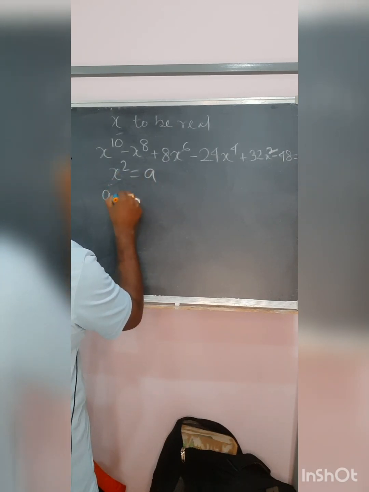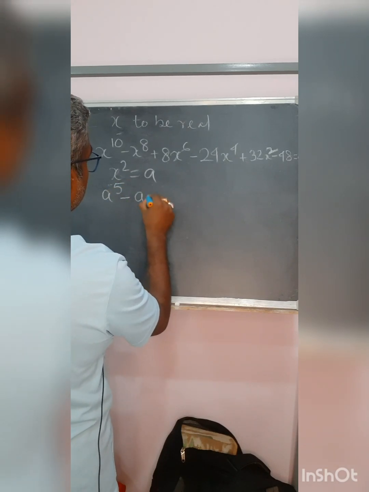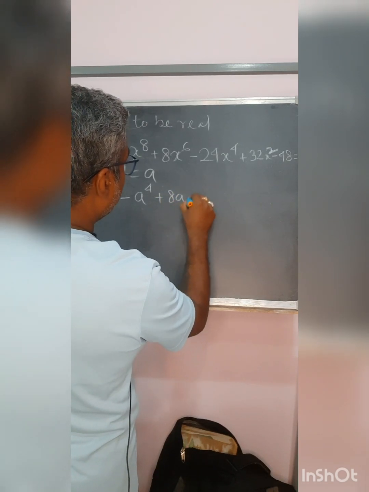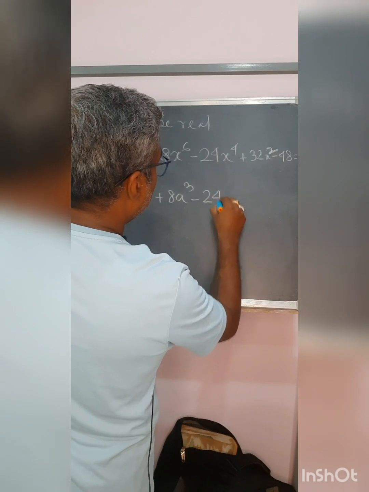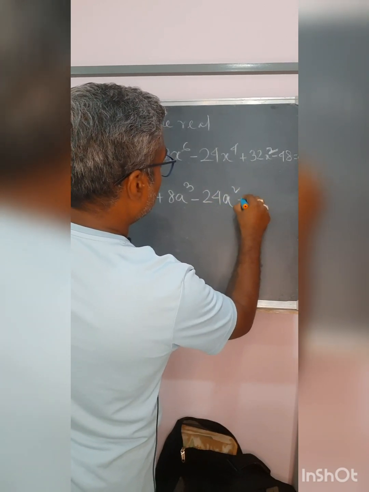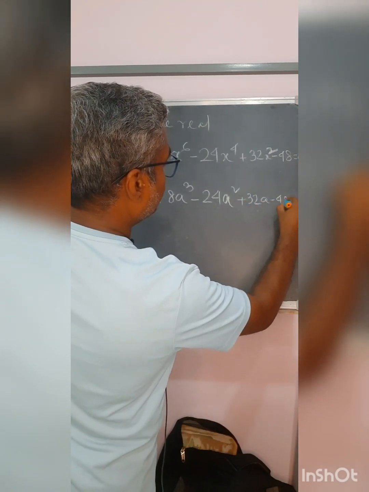So, this will bring this to a to the power 5 minus a to the power 4 plus 8 a cube minus 24 a square plus 32 a minus 48.